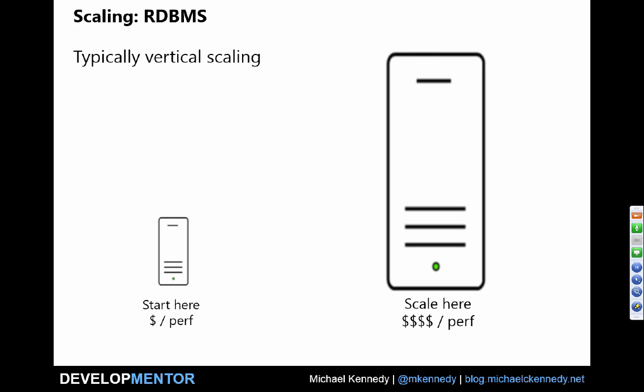Okay, so typically here's how you scale a relational database. You start with a little baby one, and then you realize you need more power, and so you get a faster hard drive. You get something like 120 gigs of RAM, 32 processors, and you get a super high-end computer, and you just scale up that way, right? But there are problems.